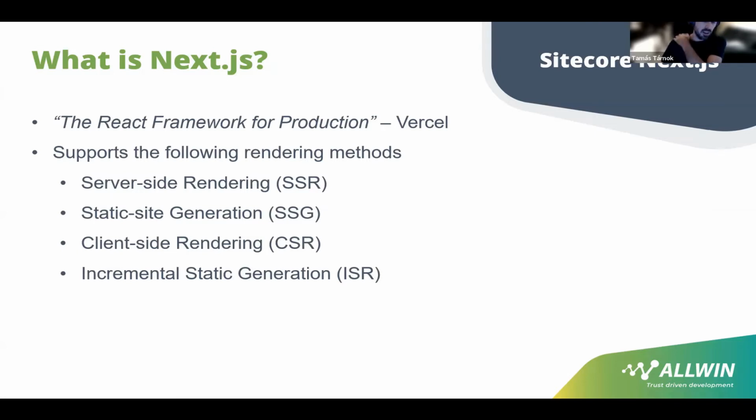In this case, the client side, so the browser, is rendering out the JSON response and converting it to HTML basically. And the next one is the incremental static generation, which is similar to the static site generation. I'm not exactly sure what the difference is, but I believe it's just regenerating the sites or pages which have been updated.